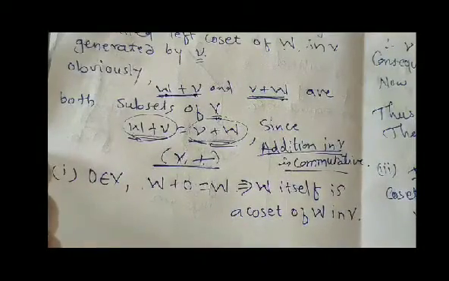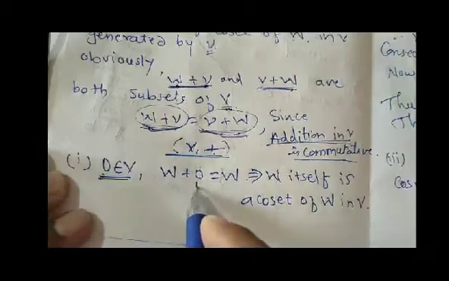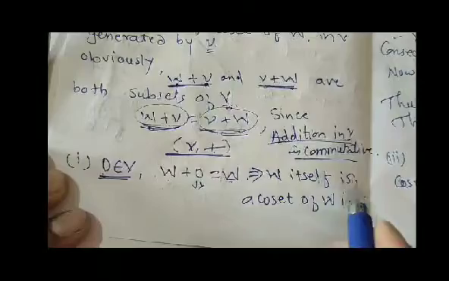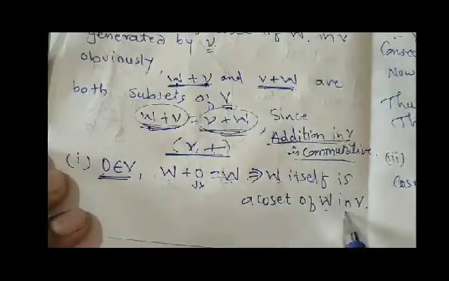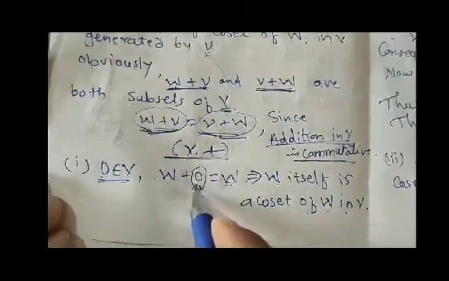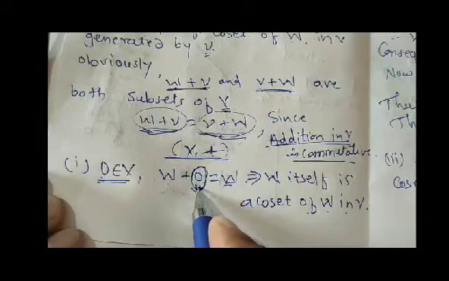Now we discuss some important points. Take the zero vector, which belongs to V. Adding the zero vector to W, we get W. So W itself is a coset of W in V; the zero vector generates a coset.